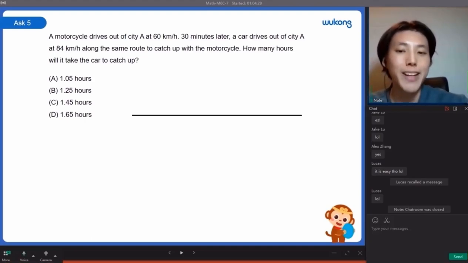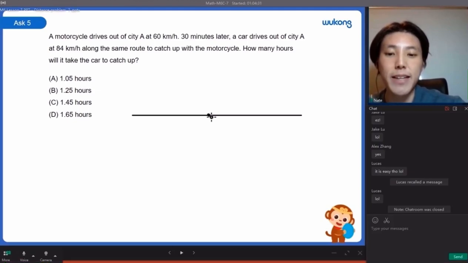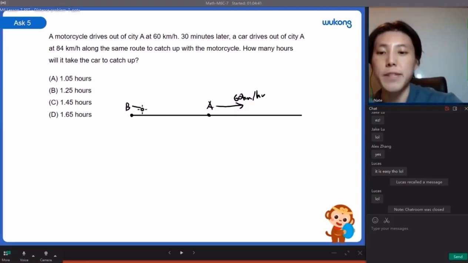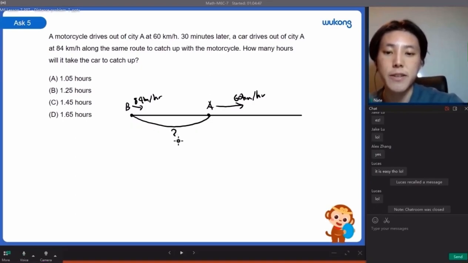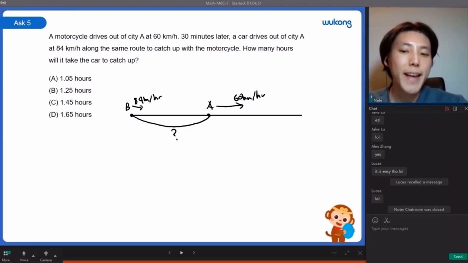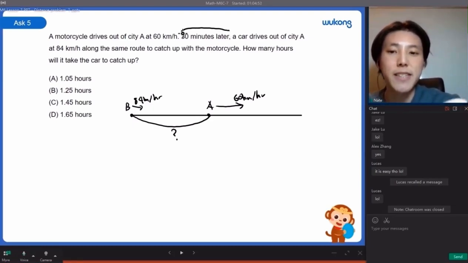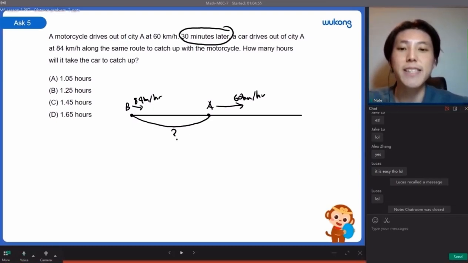So A is over here, B is over here. A is traveling at 60 kilometers per hour. B is traveling at 84 kilometers per hour. But we don't know this distance just yet. But that's the distance traveled by A for 30 minutes. So A had a head start. A's been traveling 30 minutes.